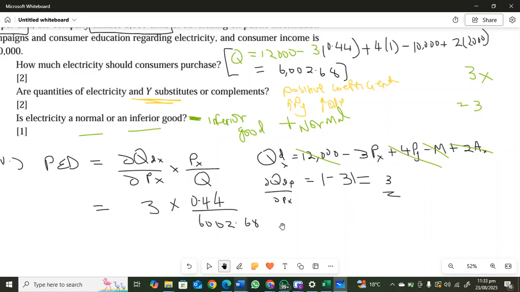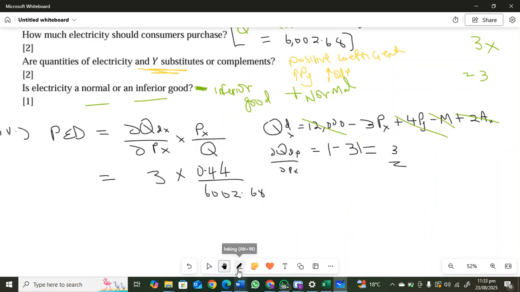Someone with a calculator, 0.44 divided by 6,002.68.